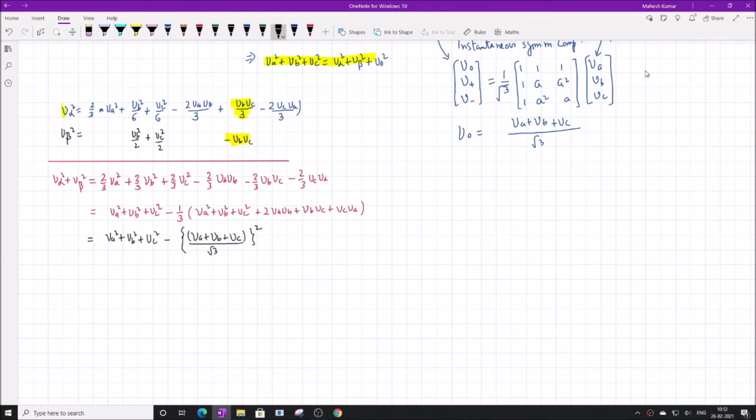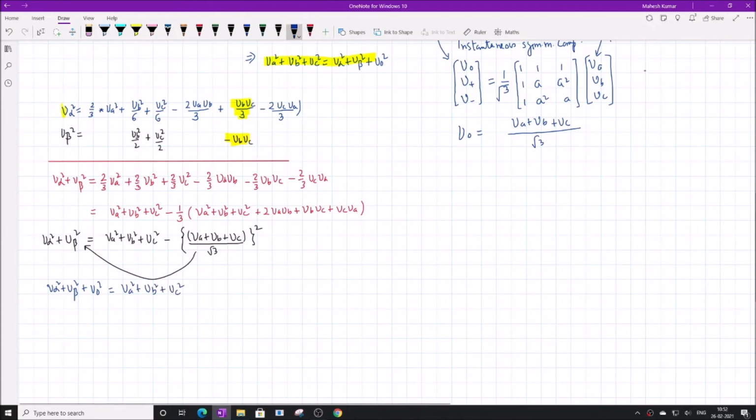And what is this? B0 square, zero sequence component square. This side is B alpha square and B beta square. So we will bring this side here, then it becomes B alpha square plus B beta square plus B0 square equal to Ba square plus Bb square plus Bc square.